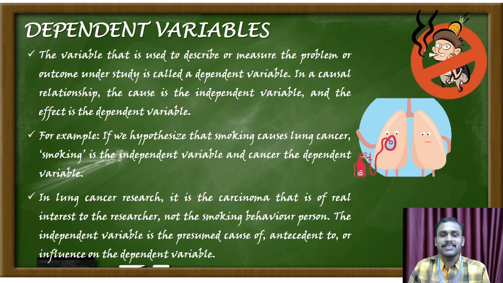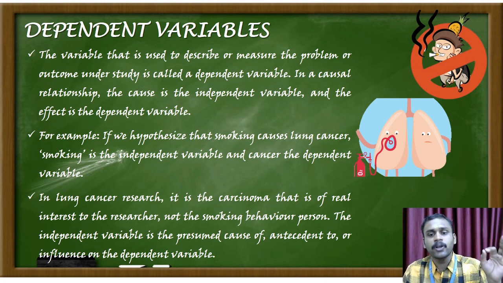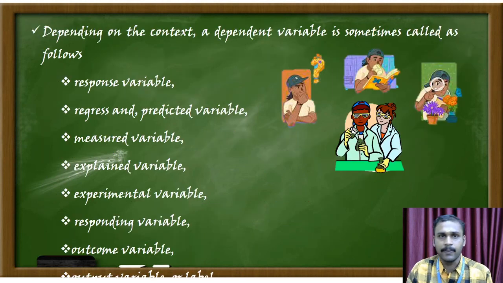In lung cancer research, it is the carcinoma that is of real interest to the researcher, not the smoking behavior of the person. The independent variable is presumed to be the cause, antedating or influencing the dependent variable.